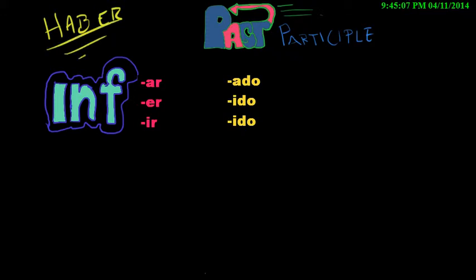Let's see how to combine the verb haber with the past participle to form the compound forms of the verb.